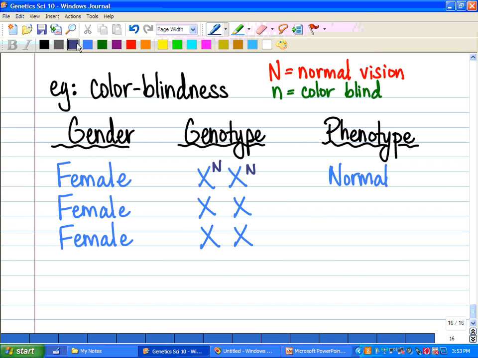What about this combination? What if they have one normal vision allele and one colorblind allele? This person, even though they carry the allele for colorblindness, we'd call a carrier. Even though they carry that allele, the normal vision dominates, so they still have normal vision.